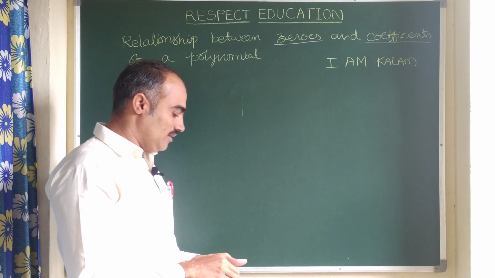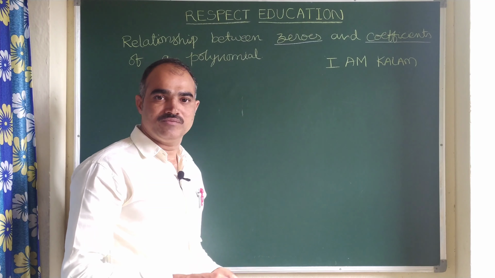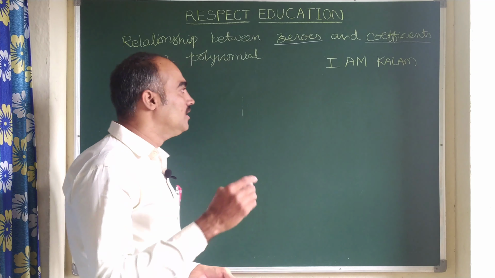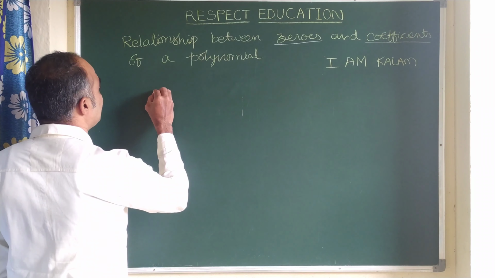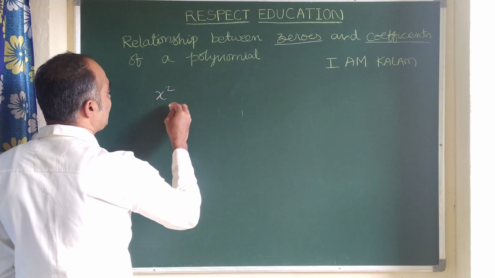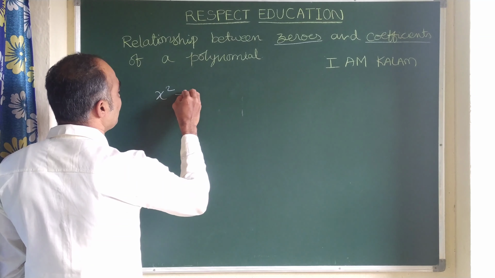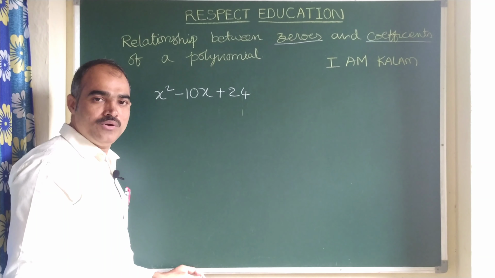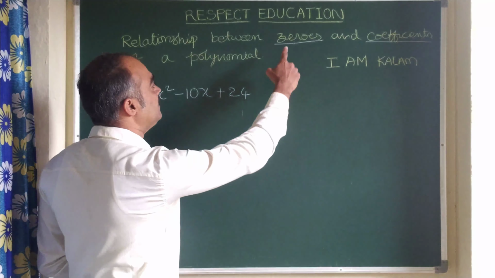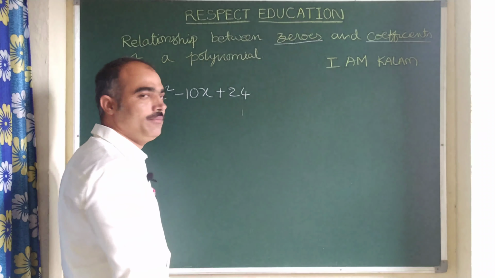Now first I would like to start this concept with an example. The example is x square minus 10x plus 24. Now I am going to find the zeros of this polynomial.